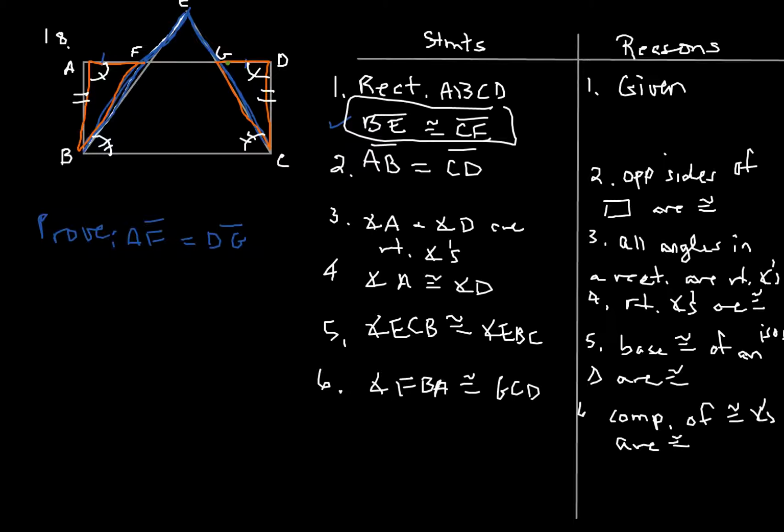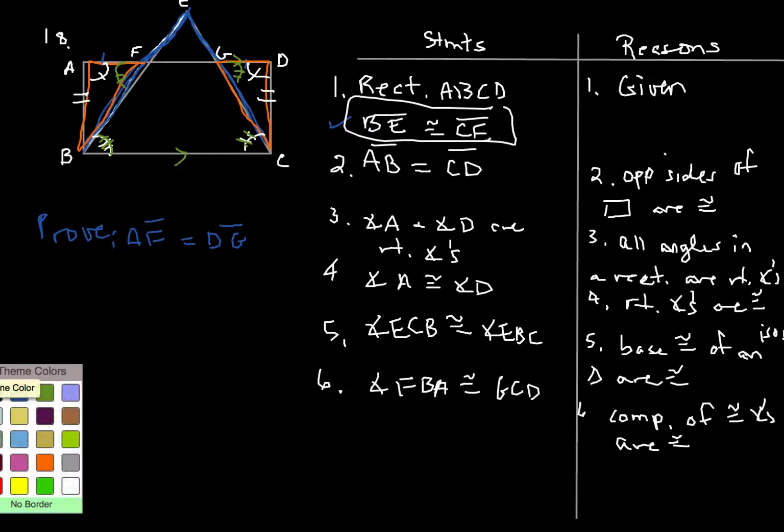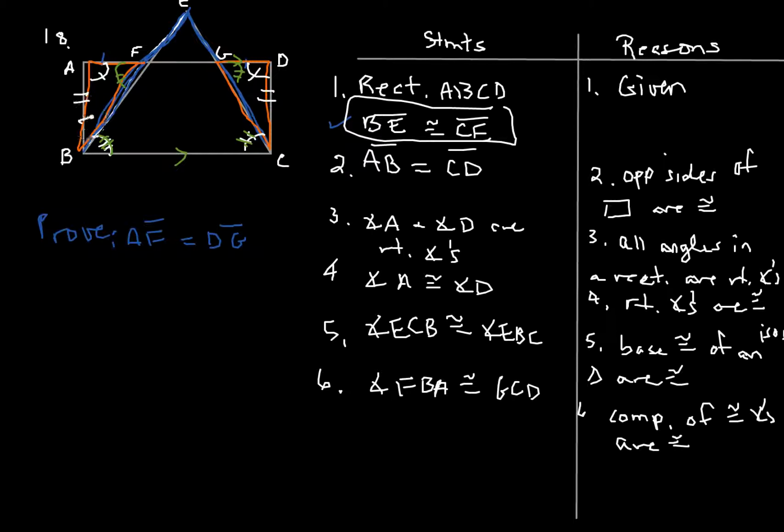Since these two are parallel, I could say this one is congruent to this one, and then this one here is congruent to this one as well, because they're alternate interior angles, and if this is congruent to this and this is congruent to this, then this is congruent to this. So wow, more than one way to do this. All right, let's just stick with the way I did it. So we'll make this one congruent and this guy congruent.